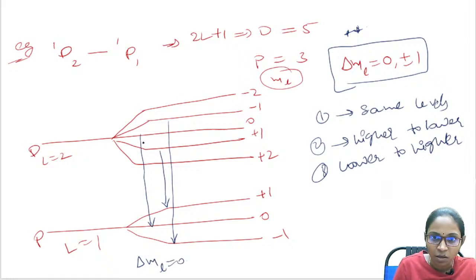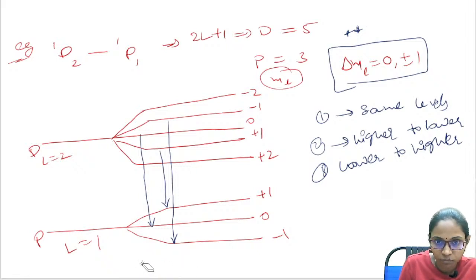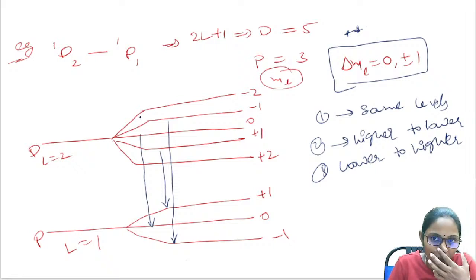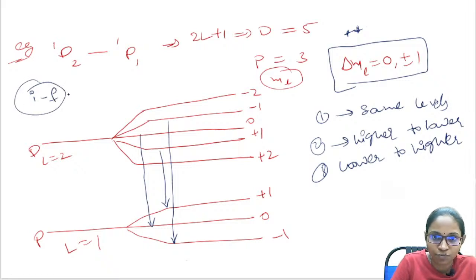Why? You just find out the delta ml value. Delta ml value is initial minus final, that is initial ml value minus final ml value. See, initial ml value is 0, final ml value is 0, that means 0 minus 0 will be 0.